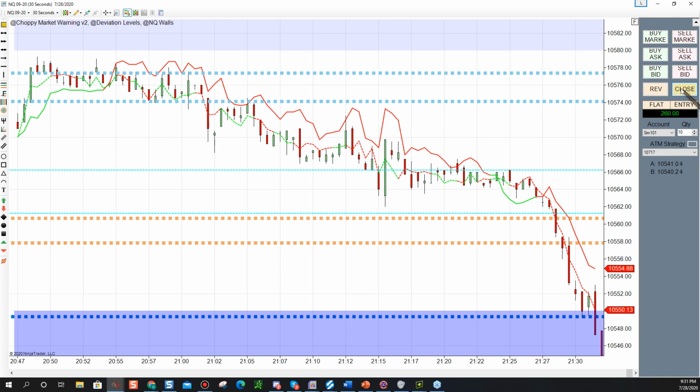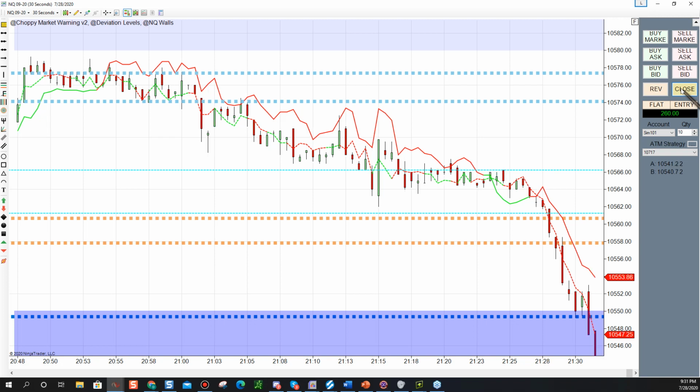I manually put it on. If you want to have an ATM and then move it, there's nothing wrong with that. I don't add a bar timer. We have a bar timer, but I don't add one. I'm just waiting for it to close and then click. If you want to have a clock up and look at the 30 seconds, you can.